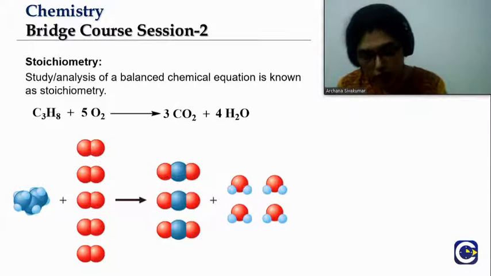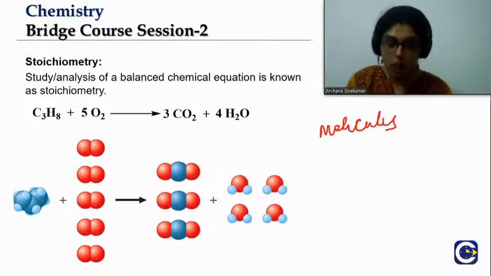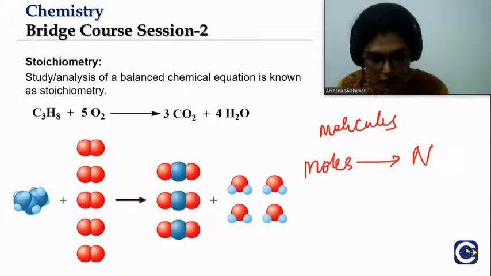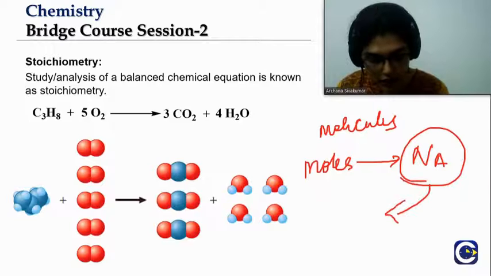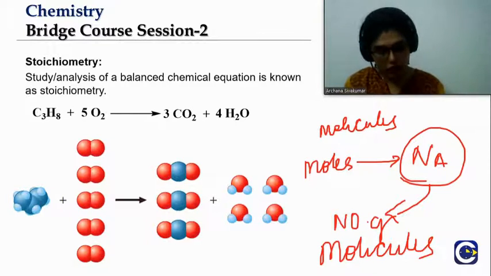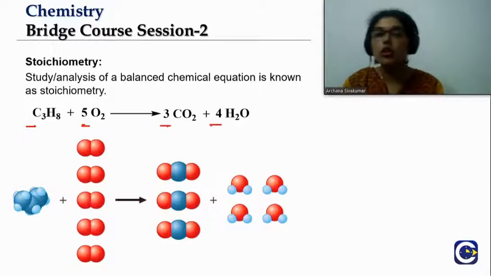So not just molecules. We found about moles, isn't it? Moles can be related to the Avogadro number. What does the Avogadro number represent? Avogadro number represents again the number of molecules. So when I have a coefficient like this, they do not just represent the number of molecules.